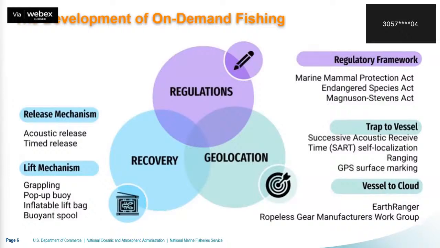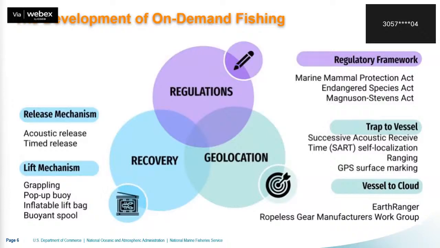And the last is the regulations. Now, there are current regulations, whether it's to protect marine mammals like right whales under the Take Reduction Plan and the Marine Mammal Protection Act, or fisheries management regulations in place that currently direct where, when, and how ropeless gear can be deployed.